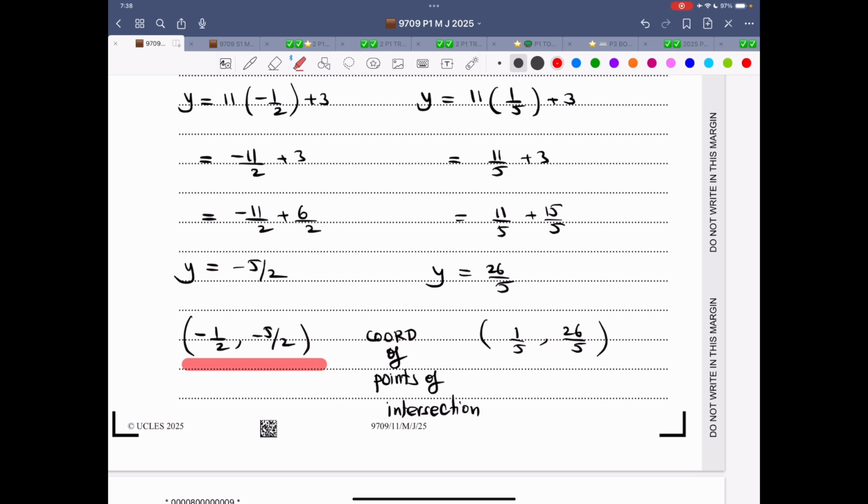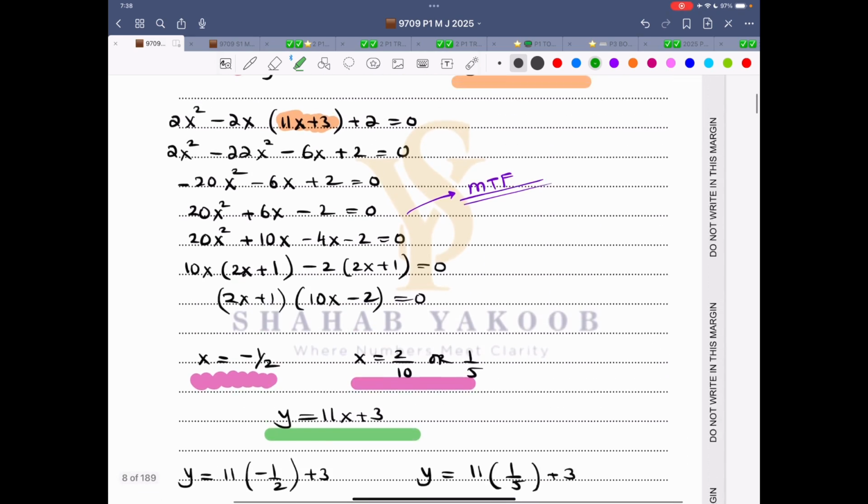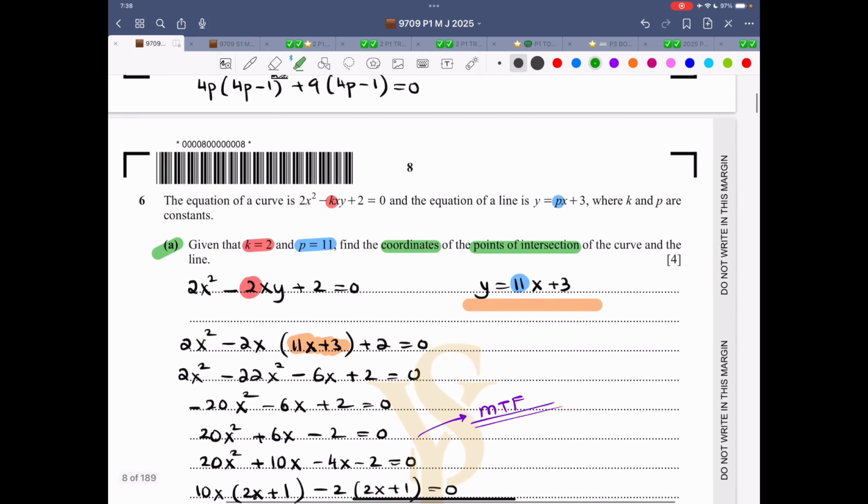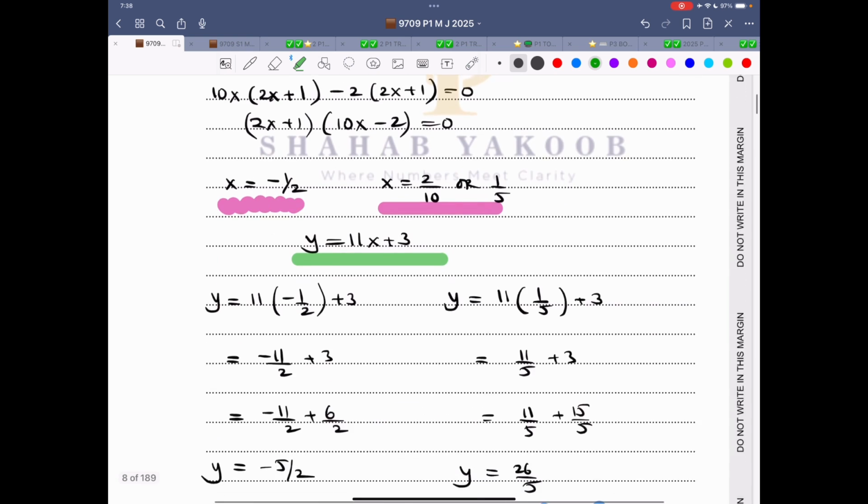So one of the coordinates is this, the other coordinate is this. And that's the coordinates of the points of intersection. So that is x, that is y. This is x, this is y. And since there are two of them, that is one point, that is the other. So that is the points of intersection. Something very basic but requires effort. Therefore, it's for 4 marks.